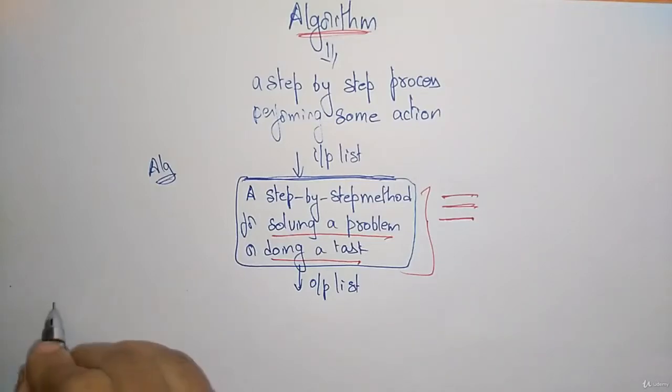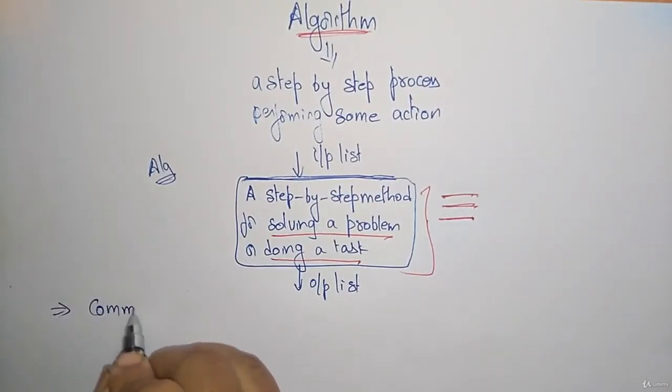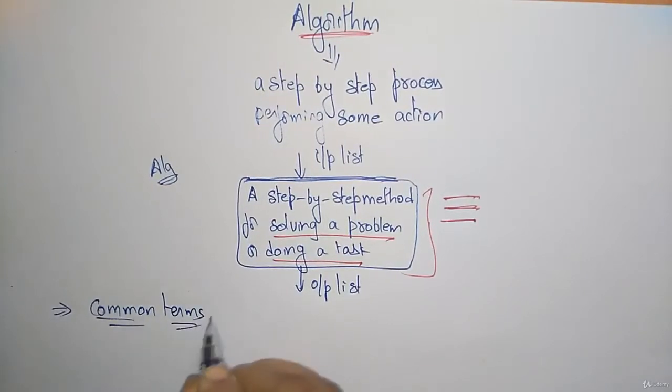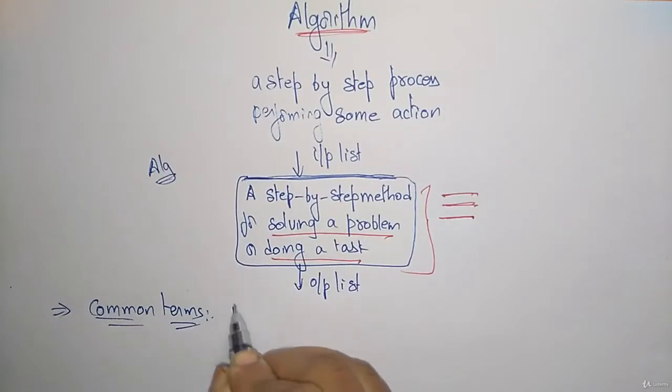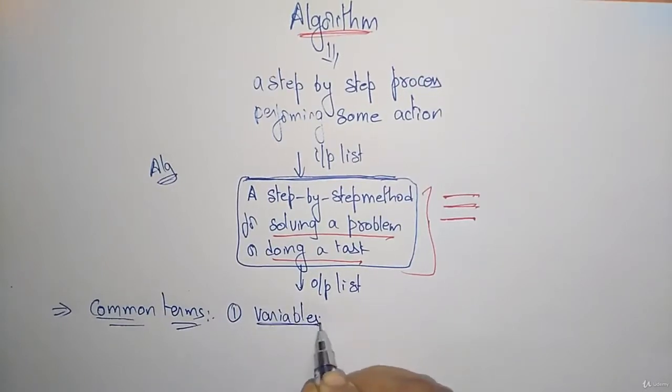So let us see what are the common terms that are used in the algorithm. The first one is the variables. We use variables in writing the algorithm.